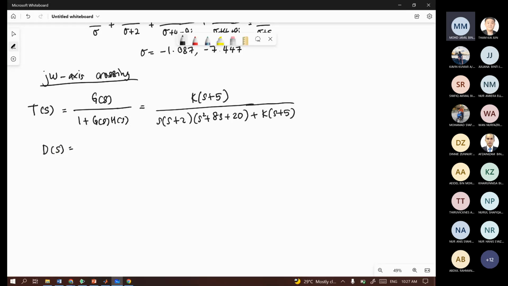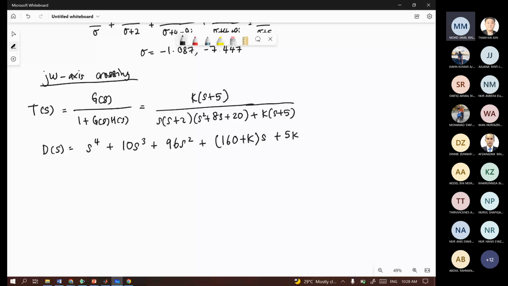So we get s to the power of 4 plus 10s cubed plus 96s squared plus 160 plus K times s plus 5K.